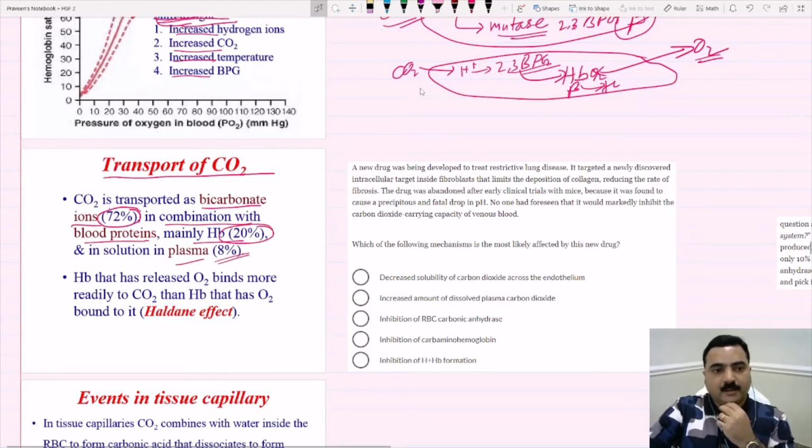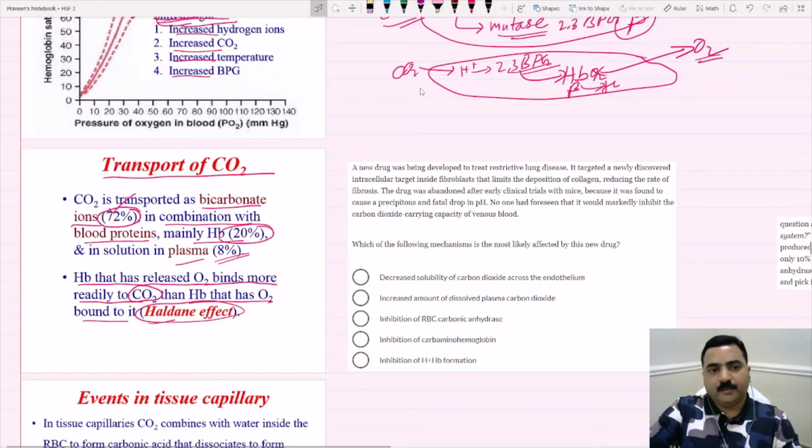So the majority is carried as bicarbonate, 72%. That means carbon dioxide reacts with water in the presence of carbonic anhydrase. Hemoglobin that has released oxygen binds more readily to carbon dioxide than hemoglobin that has oxygen bound to it. That is called the Haldane effect. The Haldane effect is the influence of oxygen release on the carbon dioxide carrying capacity of the blood.